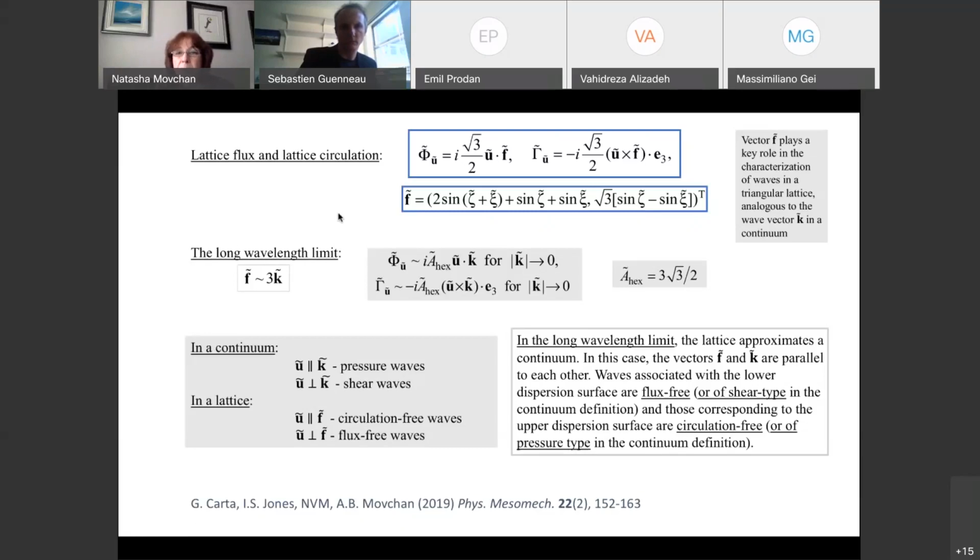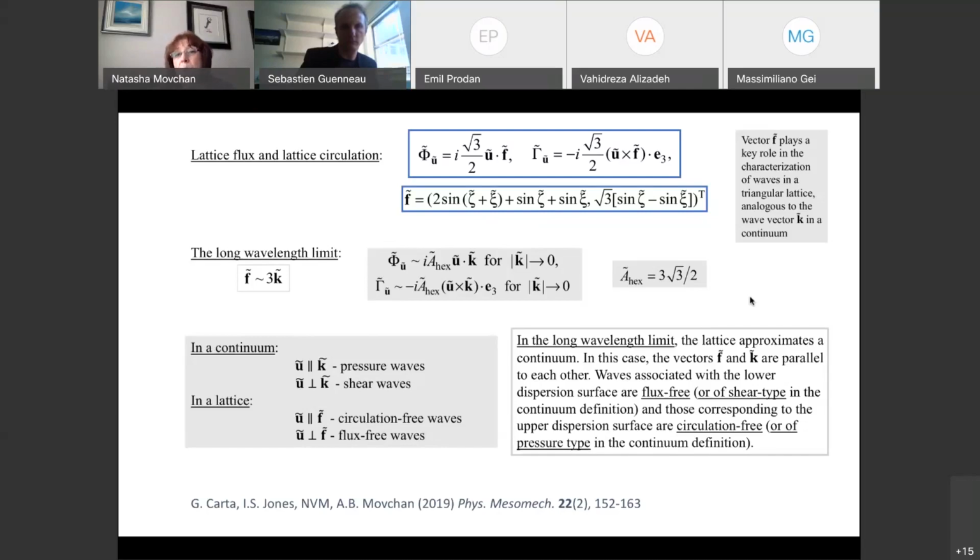The way we distinguish between these two waves in a continuum is we look at whether the displacement vector is parallel or perpendicular to the wave vector k. If it is perpendicular to the vector k, we have a shear wave, and if it is parallel to the vector k, it will be a pressure wave.